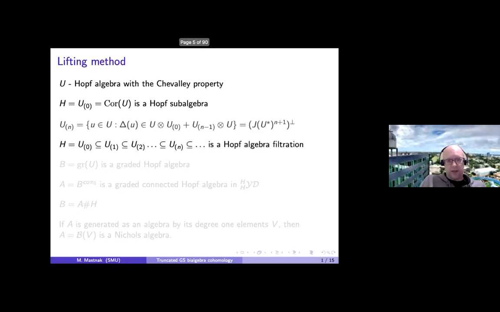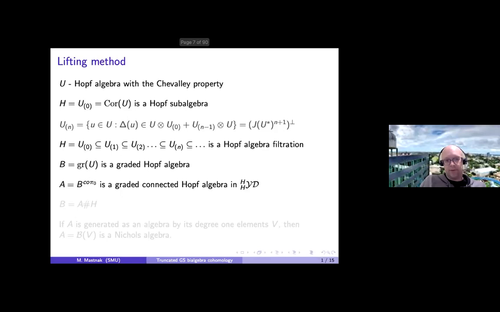So we look at this Hopf algebra filtration, and then we can look at the associated graded, and it's not completely trivial, but not that hard either. This carries a natural structure of a Hopf algebra again. And now including the zeroth piece and then projecting onto the zeroth piece, this gives us a configuration of what Radford called a Hopf algebra with a projection.